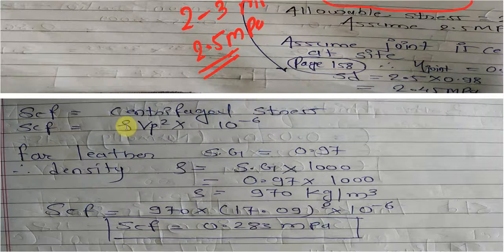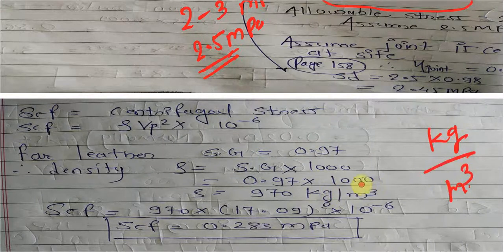2.5 multiplied by 0.98 equals 2.45 MPa. Now SCF is the centrifugal stress. SCF is rho Vp square multiplied by 10 to the power minus 6. This formula is already given in the BD Shiwalkar data book. You just put the values in, rho is Sg multiplied by 1000. Sg, the specific gravity, is 0.97, which is given, and it is multiplied by 1000 because density's unit is kg per meter cube.